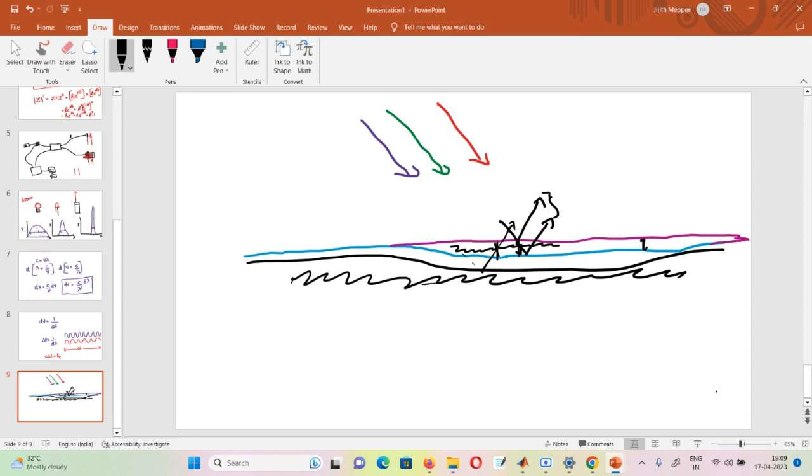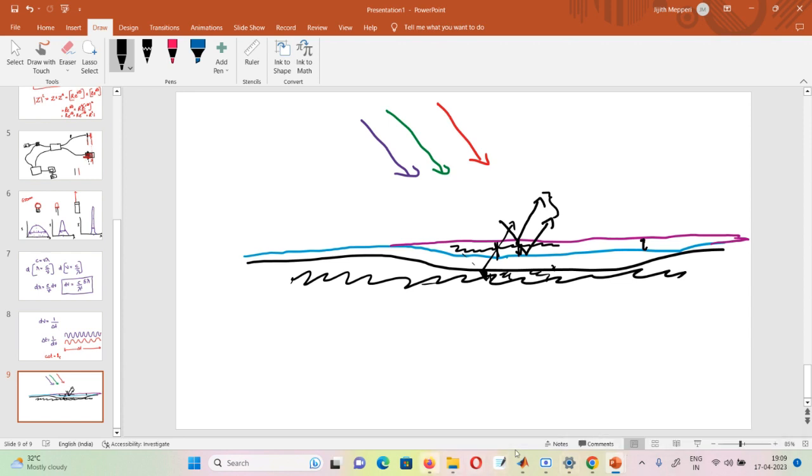Since this is a black thing, whatever reaches down gets absorbed. So the light reflecting from this surface will be very little. Most of the light will be reflecting from the top surface of your oil as well as the bottom surface of your oil, so that it gives an interference pattern and you will see a nice colored band.